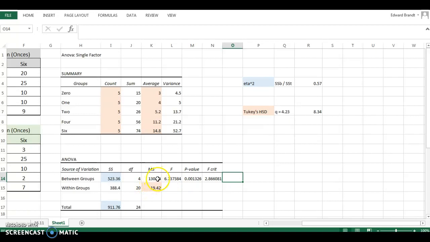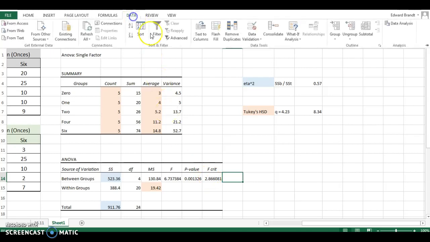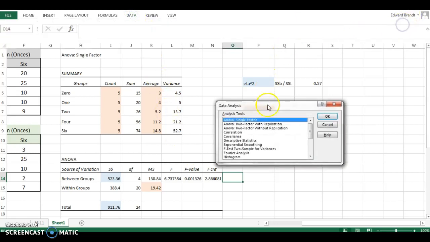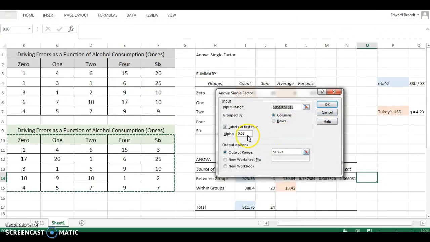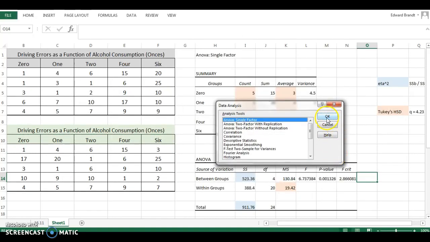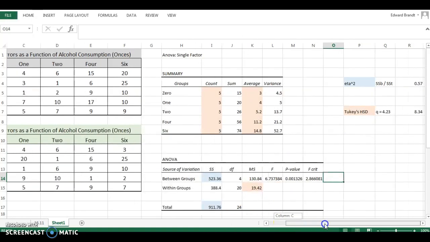This is the ratio that produces the F statistic. And then Excel does a nice job of giving us a p-value and a critical F. This was based on an alpha of 0.05, which I left within here, where it's established right there in 0.05. And that produced this.